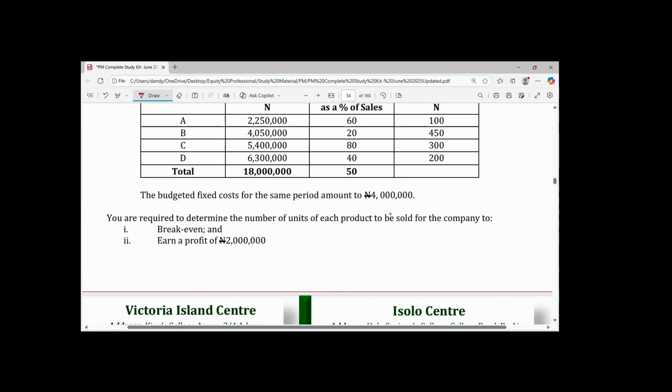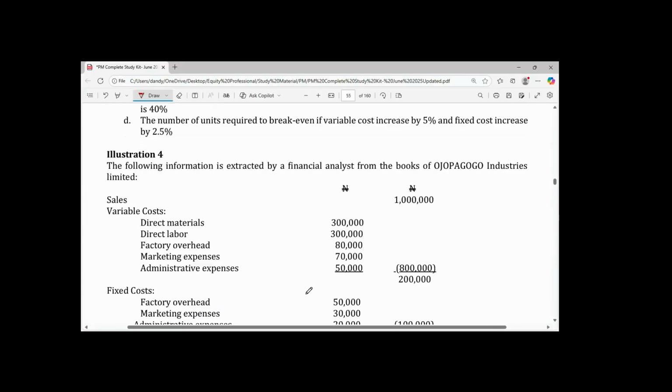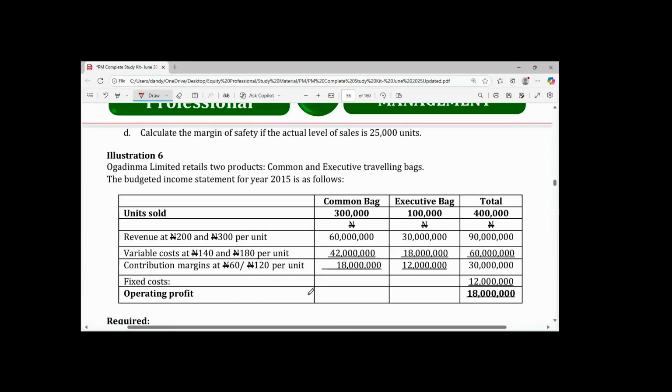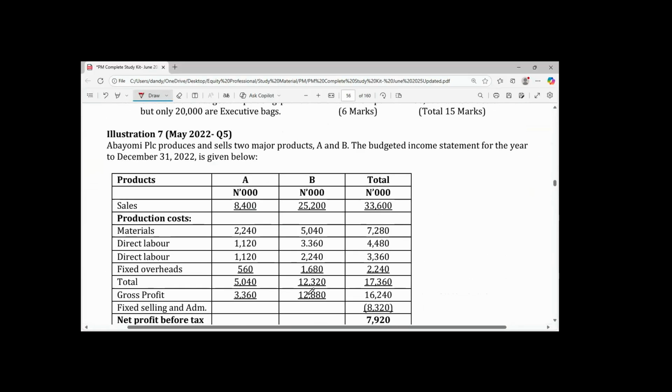Okay, so let's see how today's class goes. Yes, each question. Let's solve this last illustration.